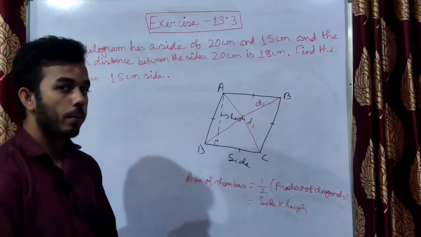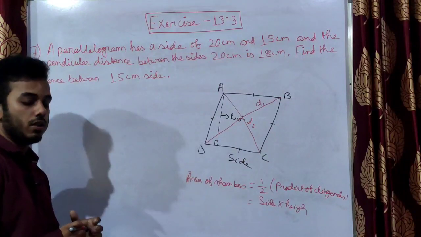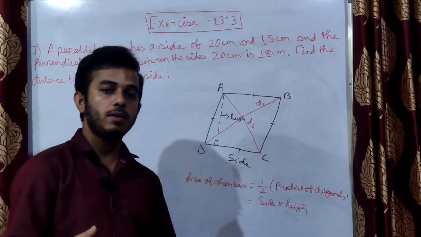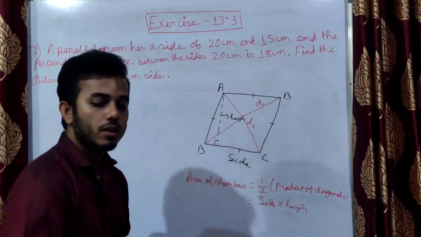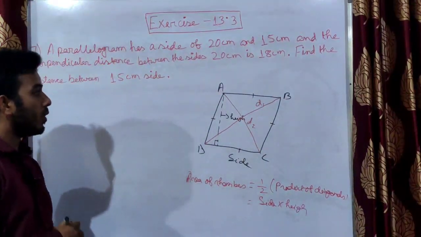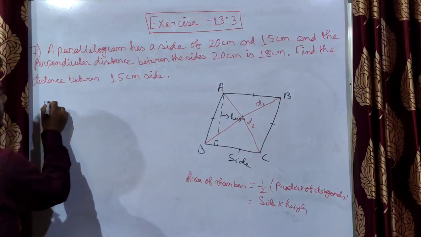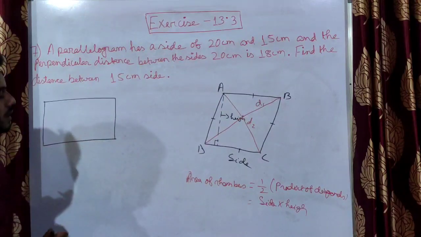Now another is the parallelogram. Parallelogram is the younger brother of which polygon? It is the younger brother of rectangle. What are the properties of a rectangle? In a rectangle, opposite pairs are equal, right? Let me draw one rectangle. This is a rectangle, right?